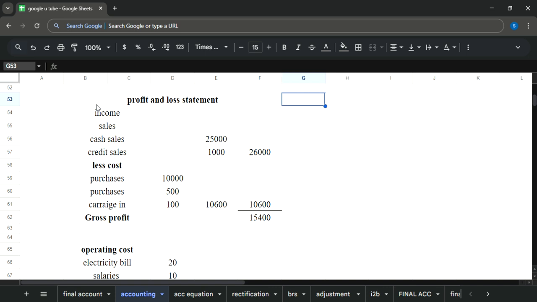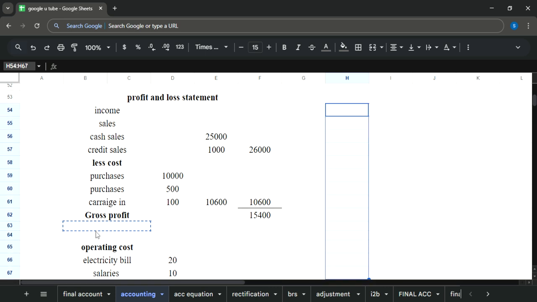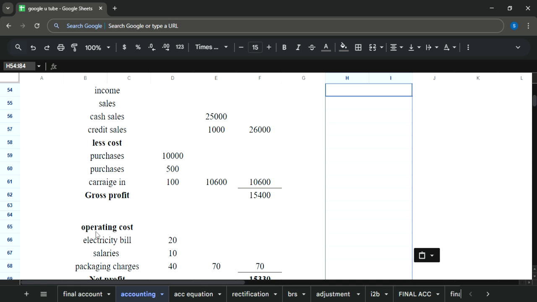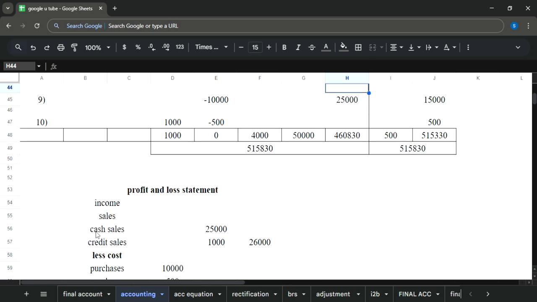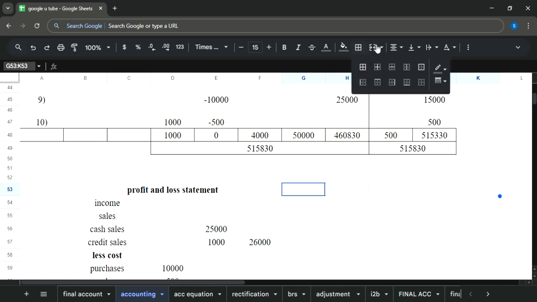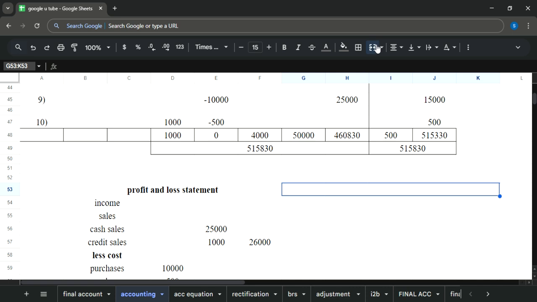Now we will see the second stage where you will be calculating and making your balance sheet. Again we will be doing the same thing. We will create here space for balance sheet. For that purpose, here first we will name it, and then you will be able to understand what benefits of balance sheet is.